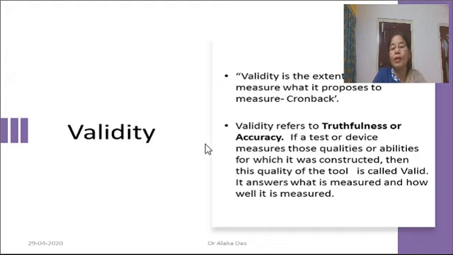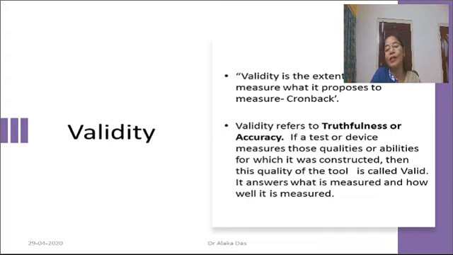So validity is that quality of research tools where the tool measures what it proposes to measure and how well it is measured. It is the most important quality upon which the other qualities depend.